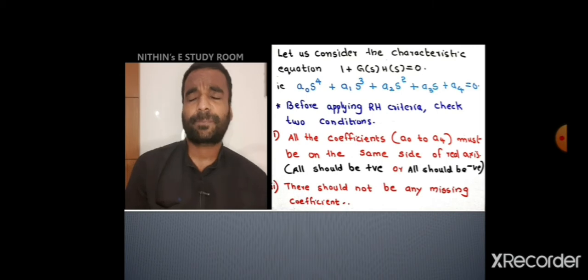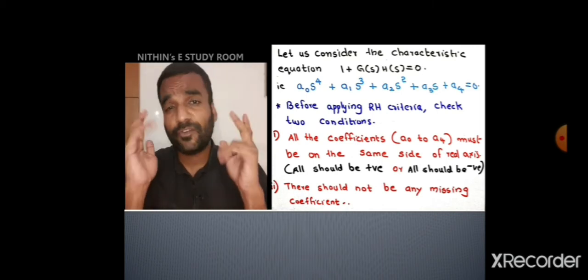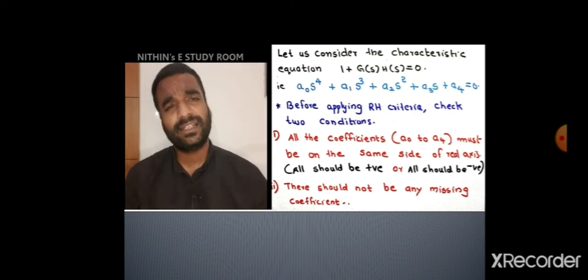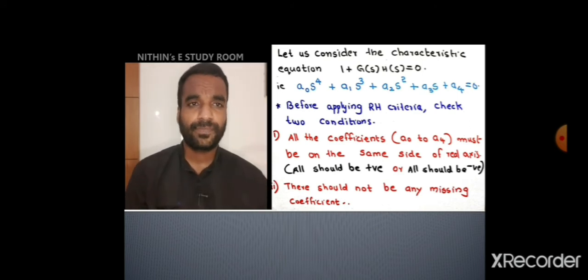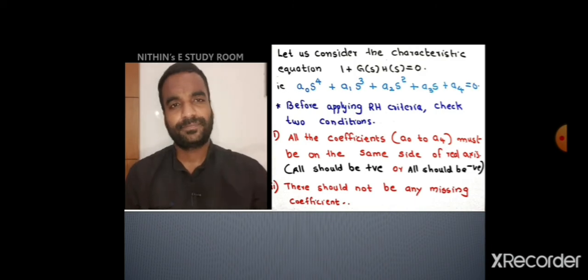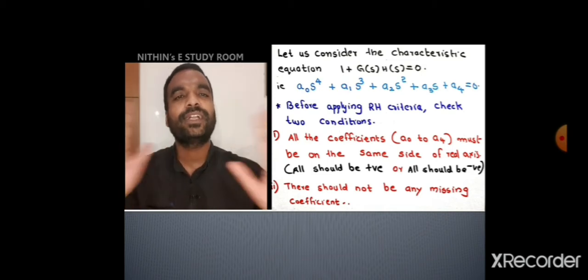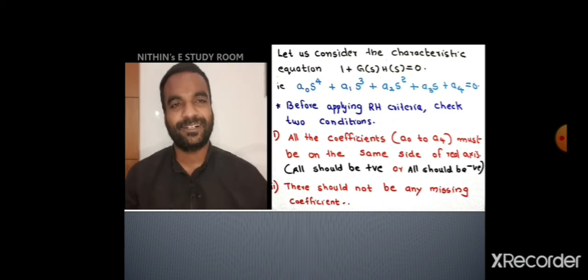So before applying the RH criteria, I have two important conditions to check. This is a very important condition. Normally, from an exam point of view, they will not let you off by checking and failing this condition, because if any one of these conditions fails, you don't need to apply the RH criteria.